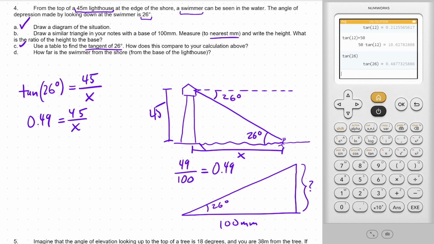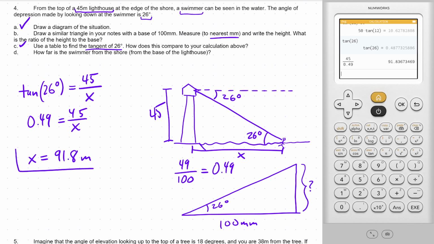And solving this for x, you're going to end up multiplying both sides by x, divide by 0.49, and you'll get x is equal to, let's see, 45 divided by 0.49 is 91.8 if you round to the nearest tenths place. So 91.8 meters. That is the answer to part D.